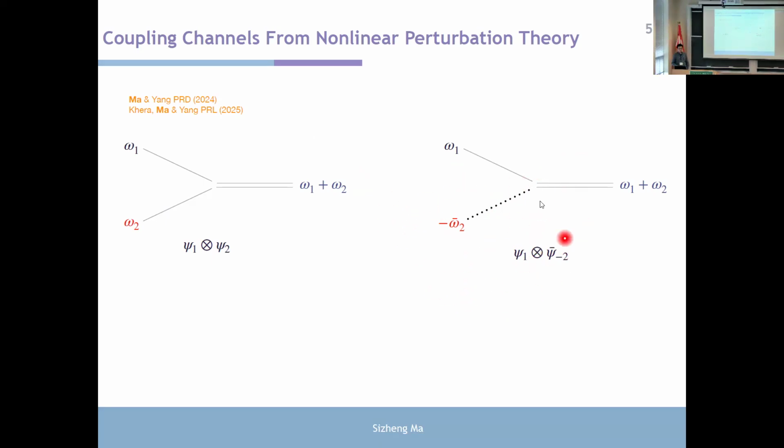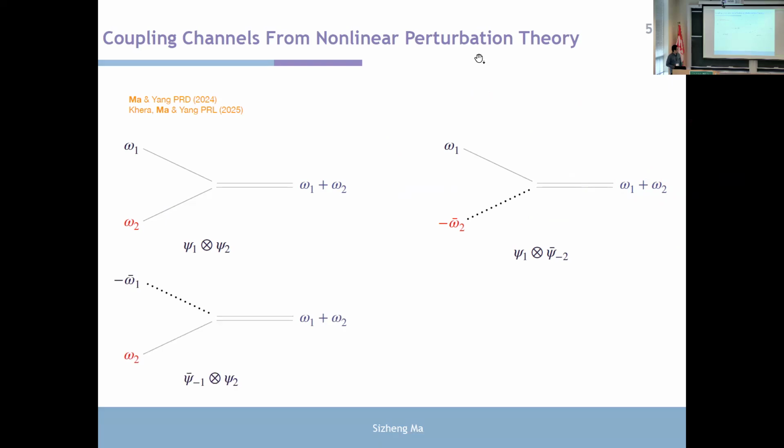Notice that this psi minus 2 bar is a different parent mode from psi 2 itself; it represents an independent quasi-normal mode. Because of this mirrored channel, psi minus 2 bar can generate a frequency component in its metric at omega 2, which can couple with the first quasi-normal mode omega 1 and lead to the excitation of the same quadratic mode.